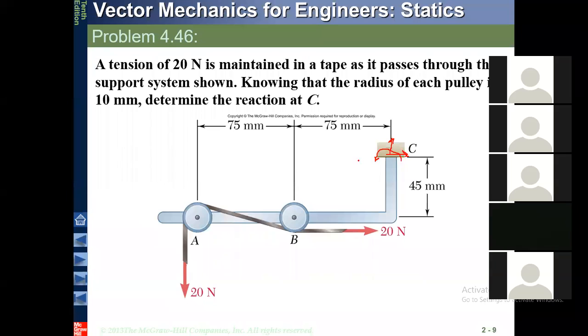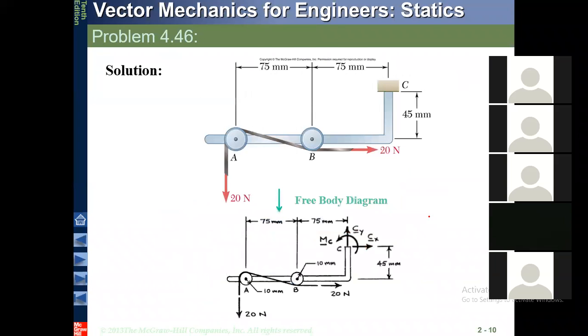So you have three unknowns, and this is a two-dimensional case, and you have three equations. So we're going to find the reaction at point C for this system, which is in equilibrium. If you draw the free body diagram, then you're going to have two forces, because it is a cable.